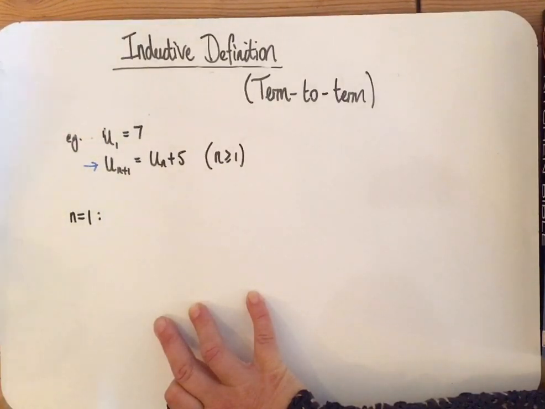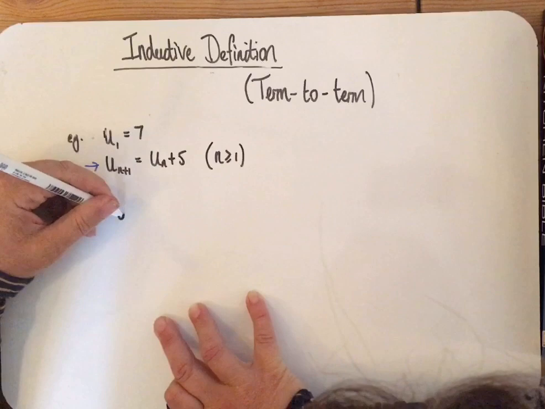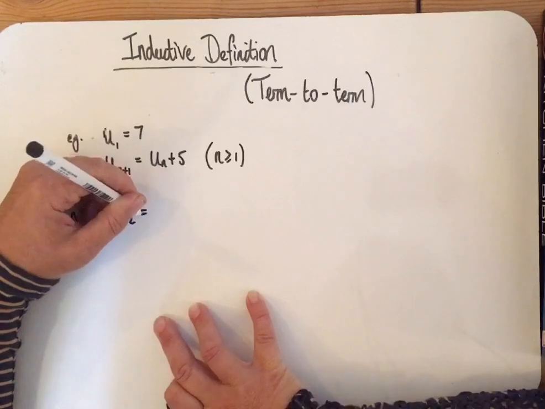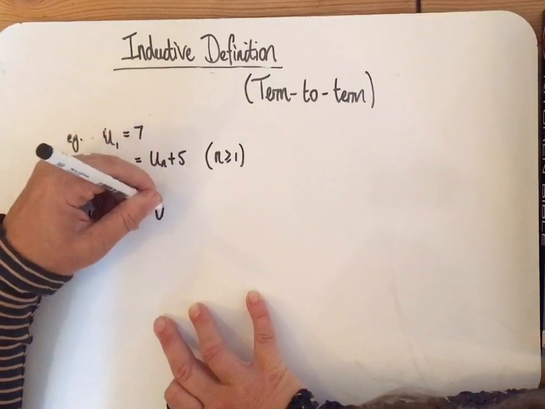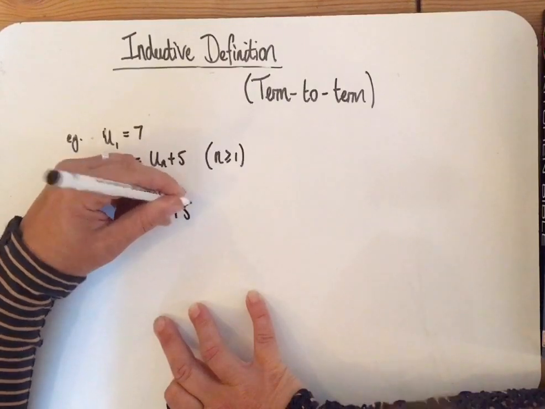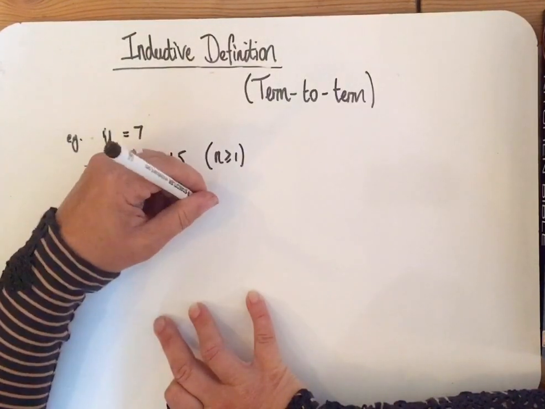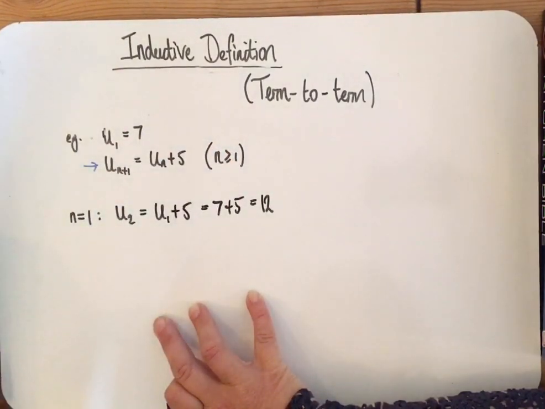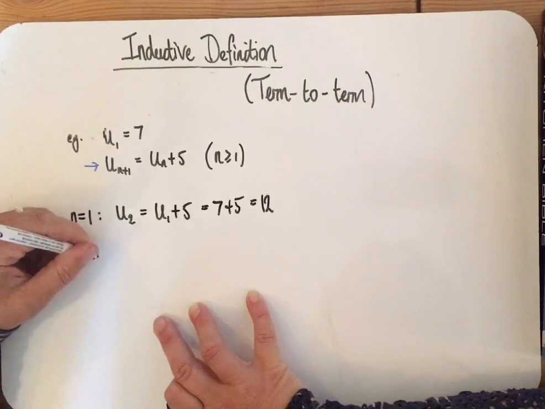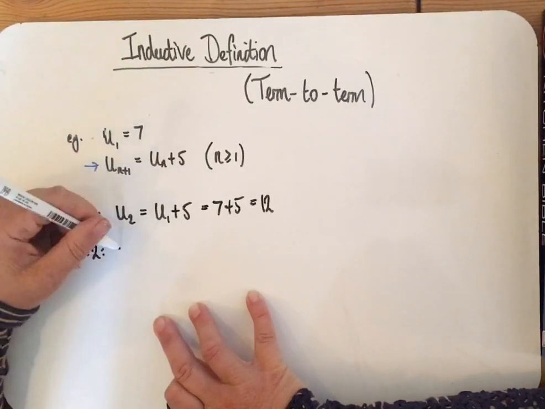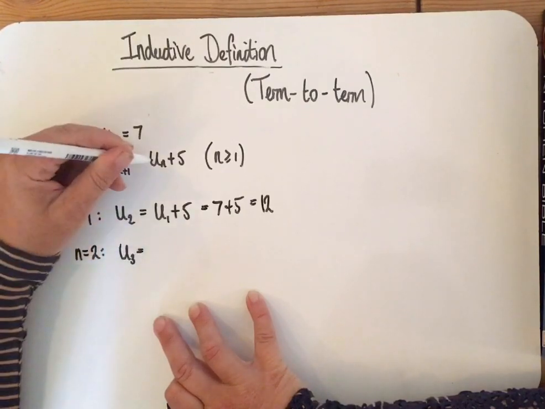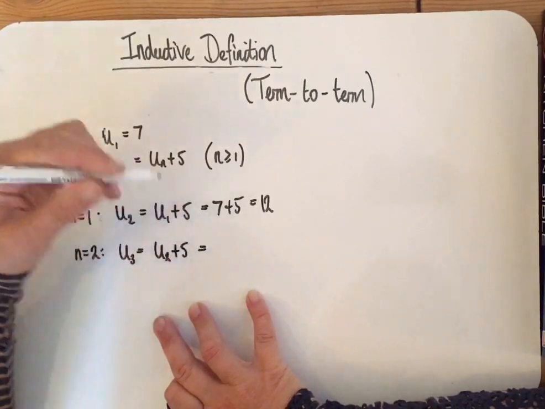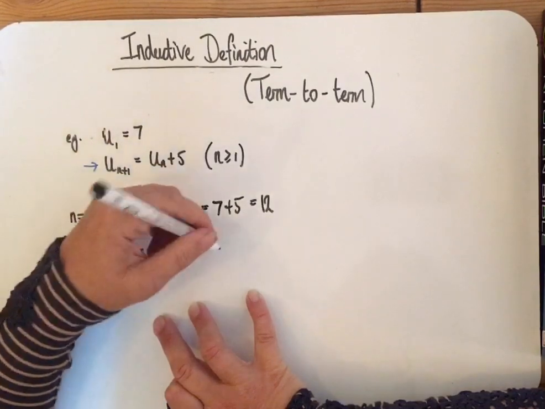So I'm putting n equals 1 in the left-hand side of this equation to give me u1 plus 1, which is 2. So it's the second term equals, n is 1, u1, the first term, plus 5. We've been given the first term, so 7 plus 5, which is 12. And then when n equals 2, I'm putting a 2 in here, the third term is equal to the second term plus 5, and the second term is 12.